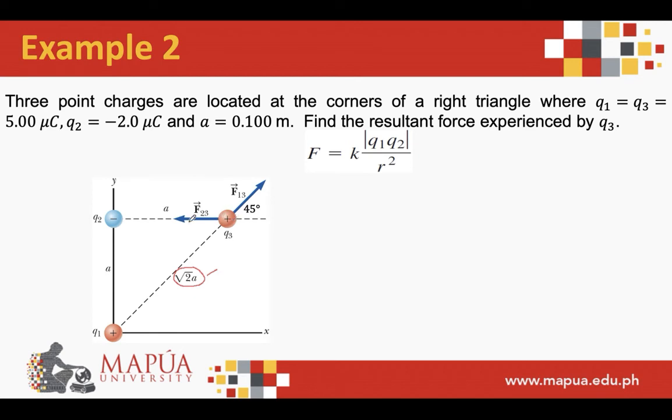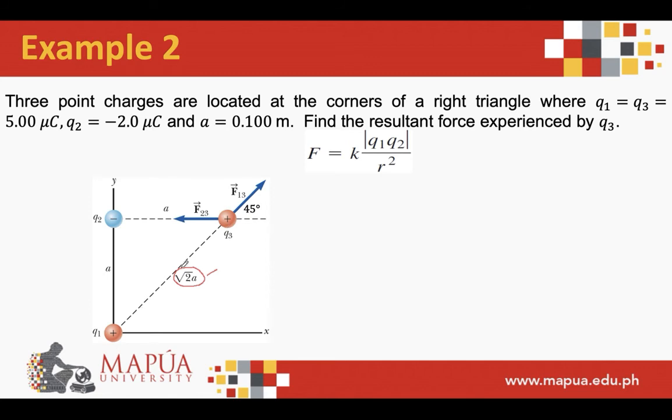So the force between this negatively charged particle and this positively charged one: since they are unlike charges, the force should be directed towards Q2. And the electrostatic force acting between Q1 and Q3 is denoted by F13.